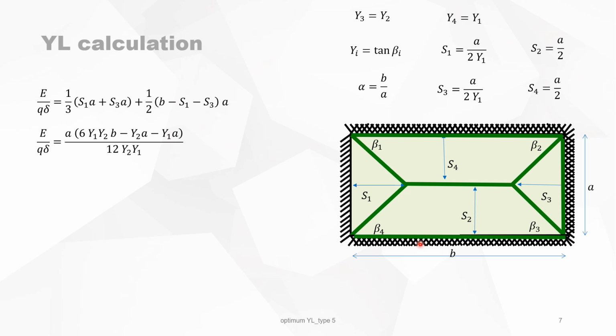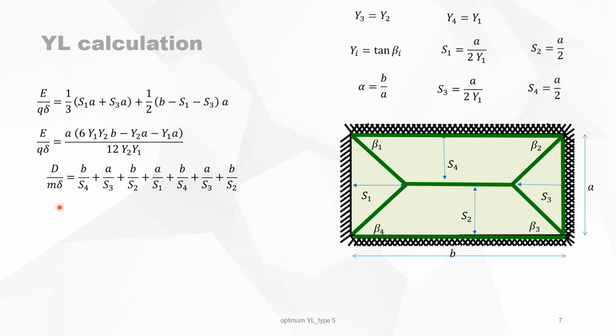And what's left is then the rectangular portion, which means that the total load is then equal to A times B minus S1 minus S3, and then the mean deflection is delta over 2, so that gives rise to this expression. We can substitute for y1 and y2, and then we see that this is the expression of the work done by the external forces.